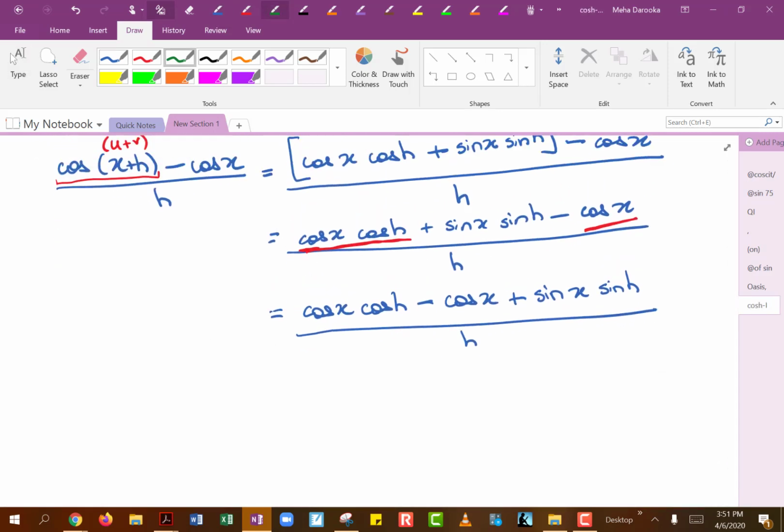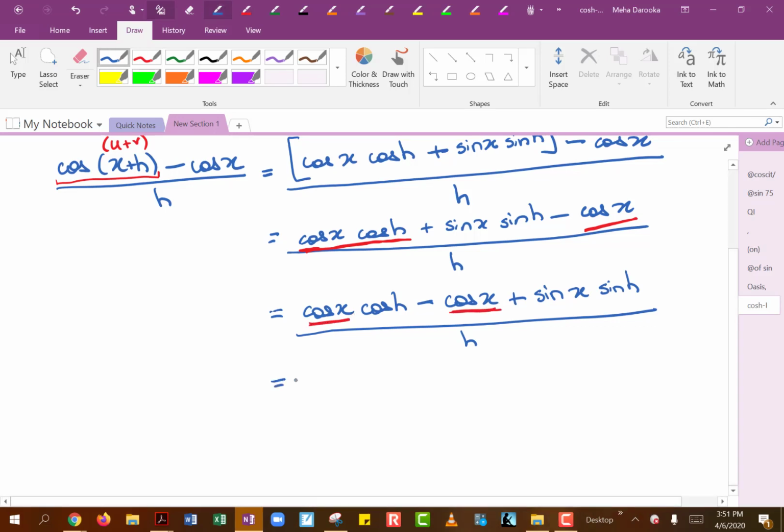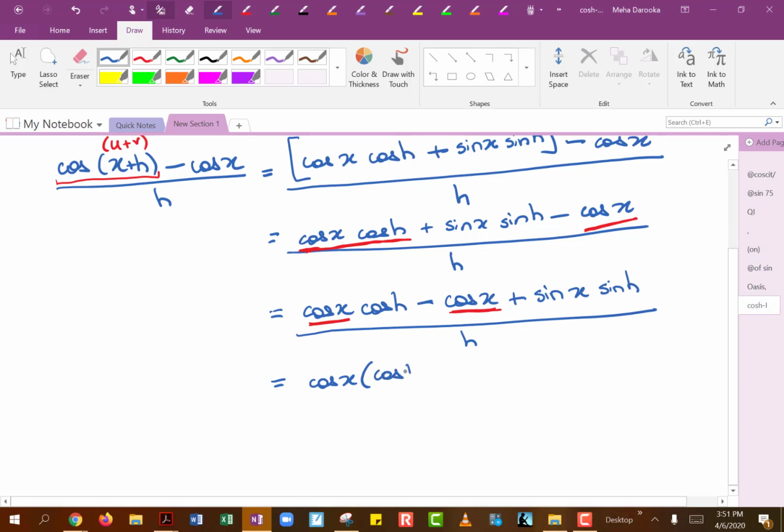Now, we've got a cosine of x here, we have a cosine of x here. Let's factor that out. So from the first term, if I factor out the cosine of x, I still have this cosine of h left behind, right? So we still want to write that cosine of h, and then the minus sign, the same sign we're keeping from here. And then since I'm taking this cosine of x outside, I'm going to put a placeholder for it and make it 1. Okay?